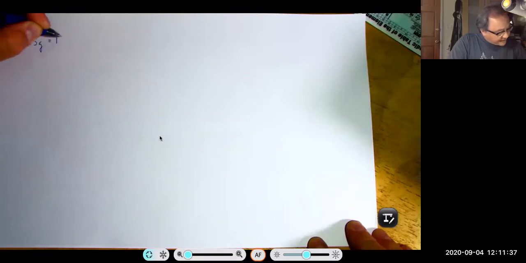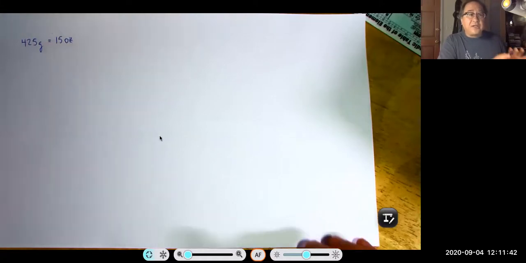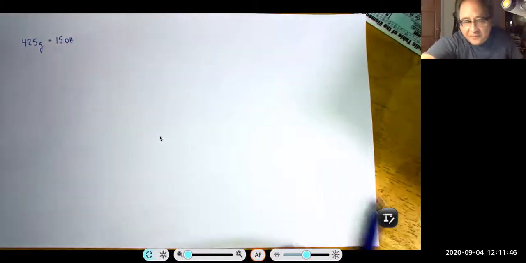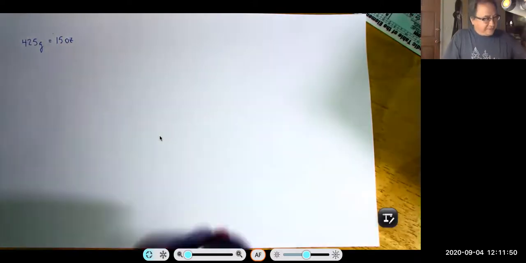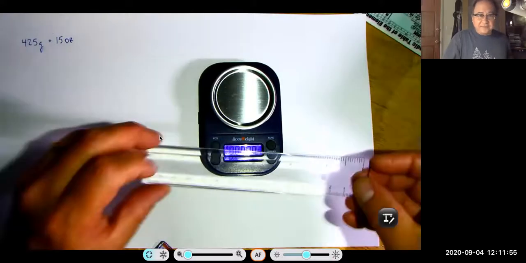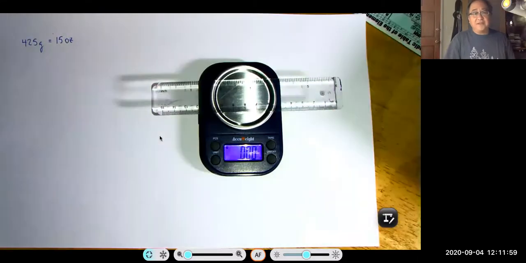So from the Boboli box, I have 425 grams is equal to 15 ounces. Now, I don't know what your store-bought ruler weighs, so I'm just going to invent an amount and say that my store-bought ruler weighs 6.76 grams.